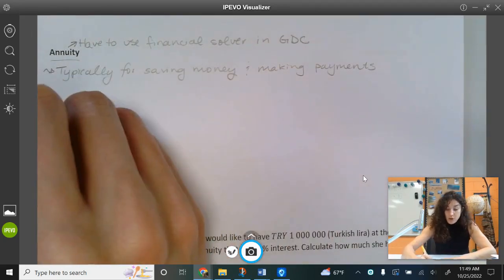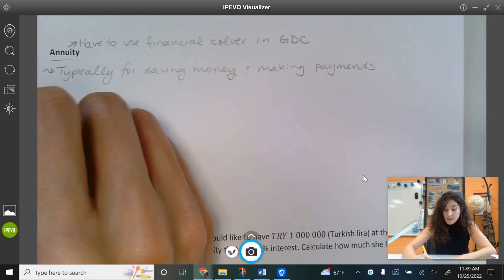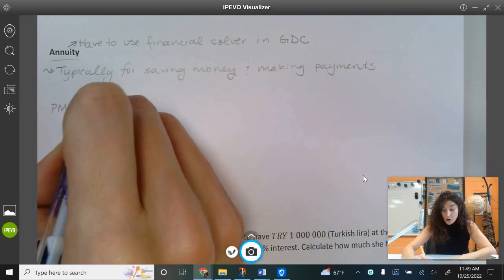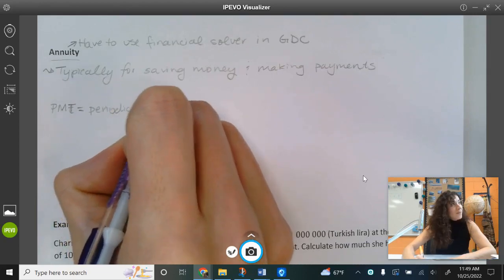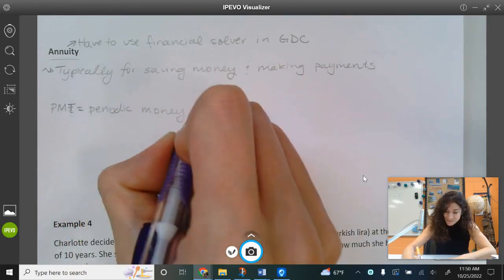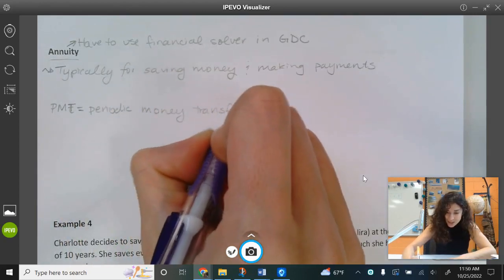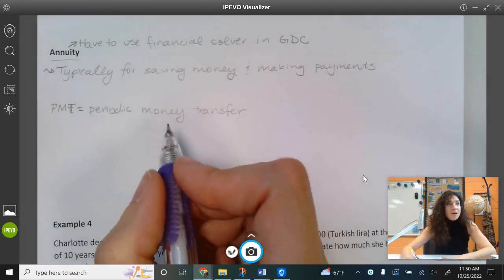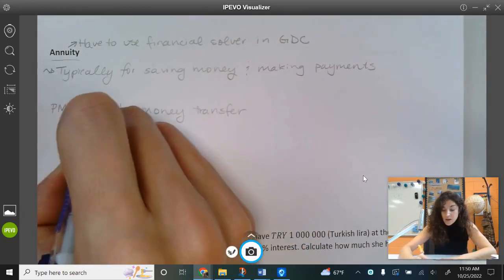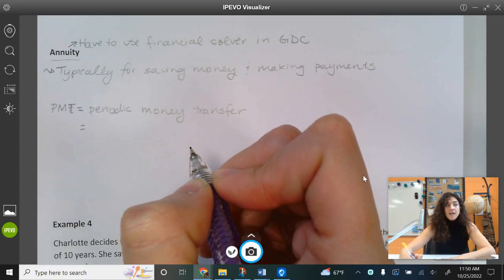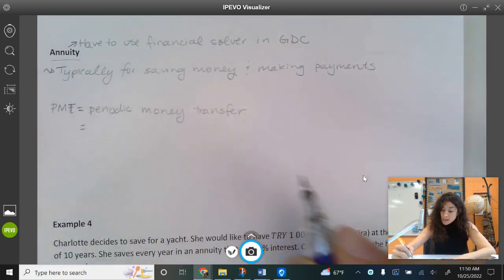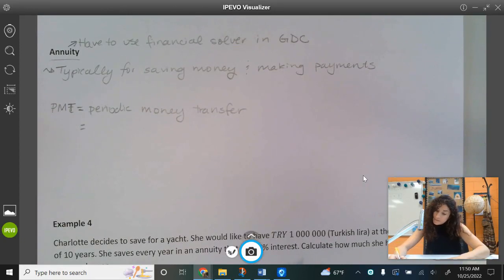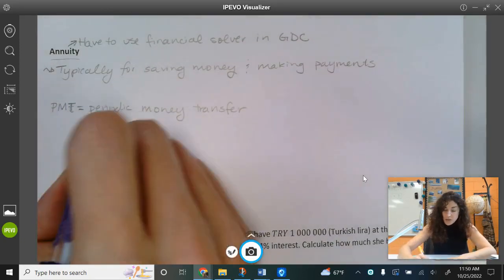Things that change with annuity with our financial solver: PMT, our payment, right? It stands for periodic money transfer, which is a payment. These could be a monthly installment, or a yearly installment.